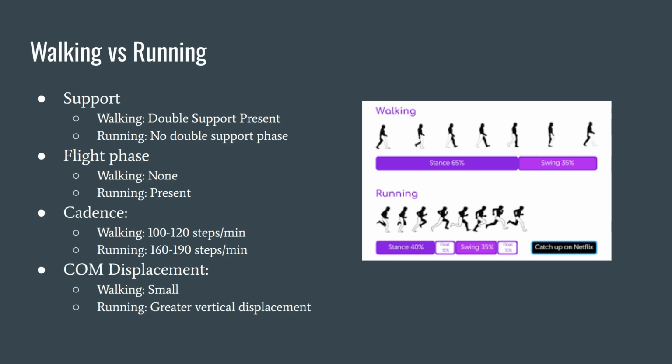Walking includes double support, lower cadence, and minimal vertical center of mass displacement. Running eliminates double support, increases cadence to roughly 160 to 190 steps per minute, and introduces significant vertical center of mass oscillation.